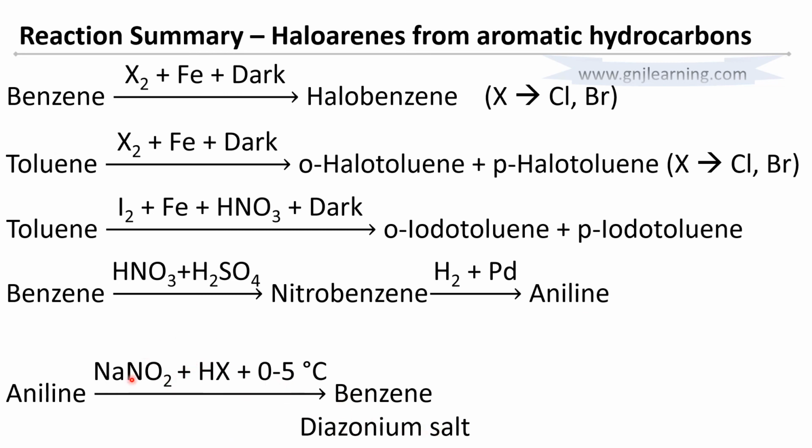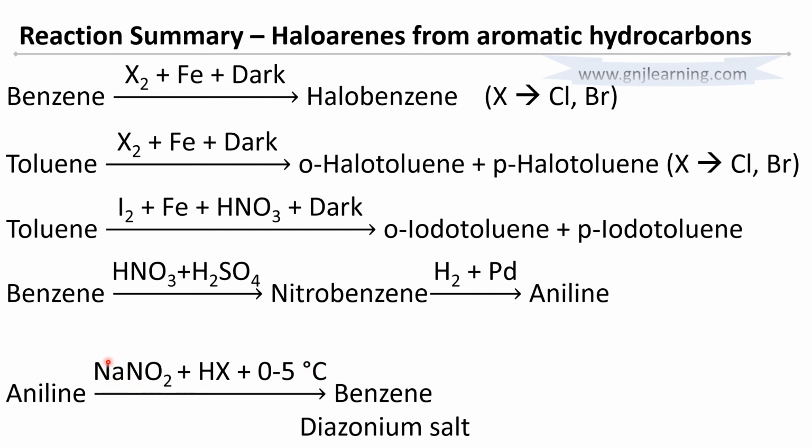Nitrous acid is a mixture of NaNO2 plus HX at 0 to 5 degrees. You must write this because there is no reagent called nitrous acid readily available. Whenever you need nitrous acid, you must make it by mixing these reagents under these conditions.